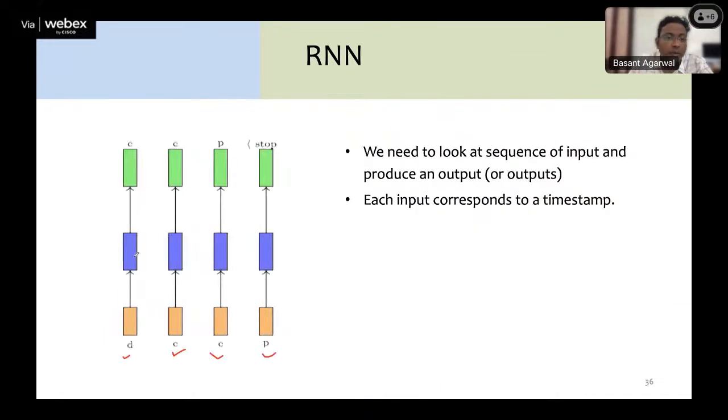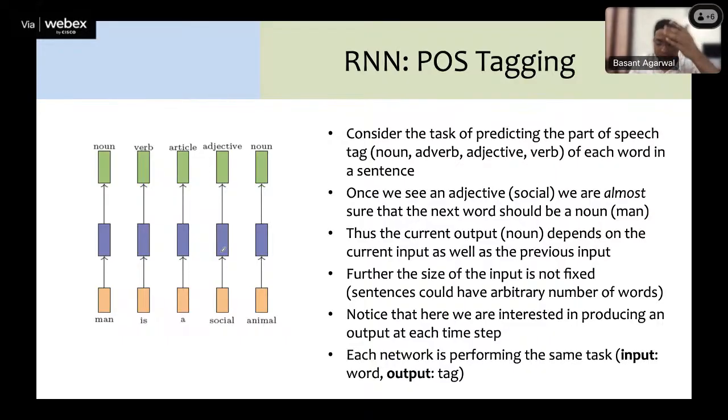Now, next thing, before trying to understand how we take care of these connections, let's take another example of a sequential learning problem. This is a part of speech tagging example, in which, let's say, we take a sentence, "man is a social animal."